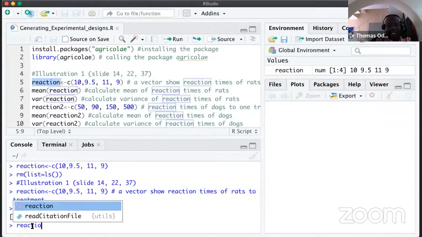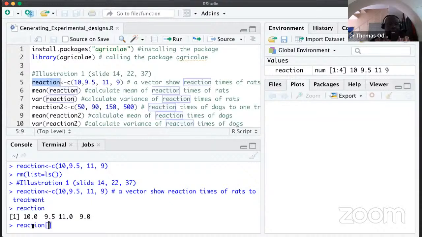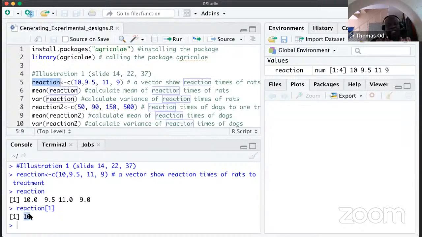In this case, our object is a vector. If I want to get the first observation, I type the name of my object, and then in square brackets I put the position that I want to see. If I run this, it tells me the first value is 10.